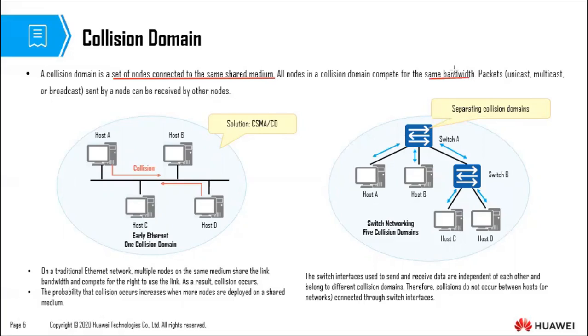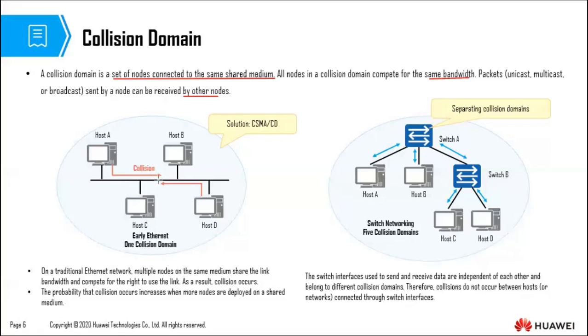That is, packets sent by a node can be received by the others. That's the other problem. They compete for bandwidth, and packets can be received by other nodes. So it also becomes a security issue, because if everyone is receiving your message, they can decide to open it up.